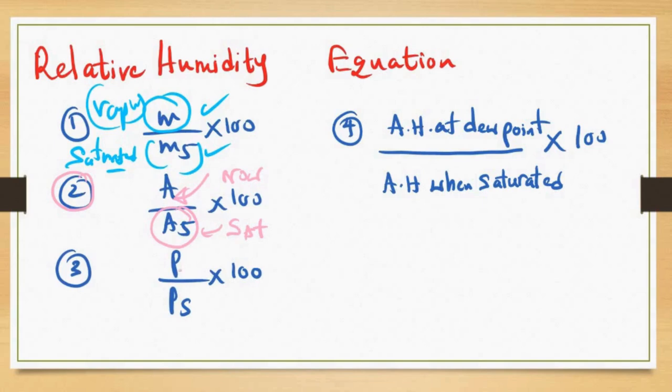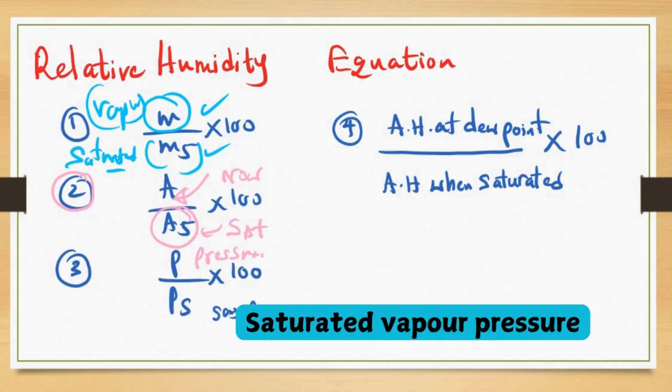The third one is current vapor pressure divided by saturated vapor pressure, right? When we take the ratio of these two and multiply by 100, we get the relative humidity.